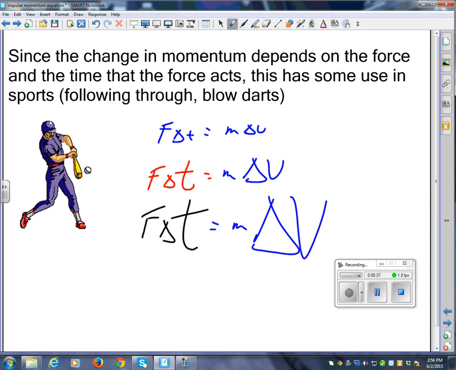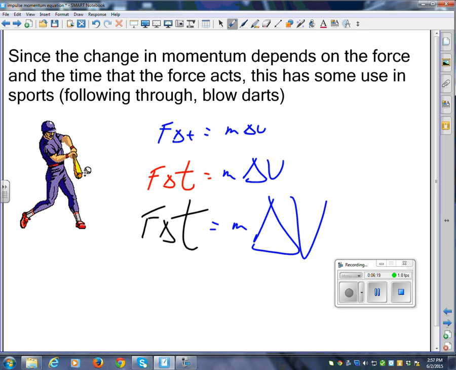What does it have to do with golf? Or baseball? Not the more force. Because what? More time. When you follow through, okay, I'm just going to get a tube here and act as sort of like a golf club or a baseball bat. When you follow through, the ball comes in contact with the bat, and then you follow through and you actually apply the force over a longer period of time, which makes it go farther.